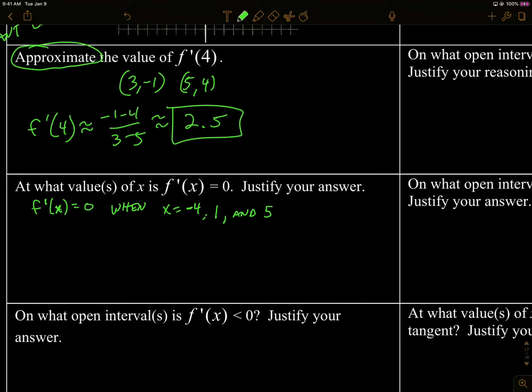Justify your answer: because the graph of f of x has horizontal tangent lines at those x values.